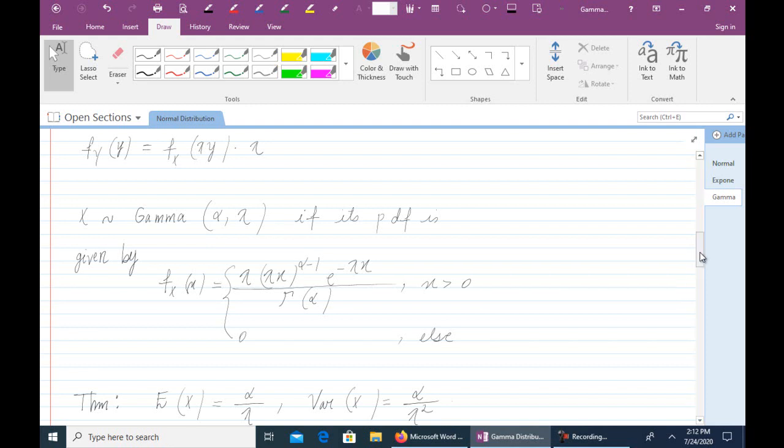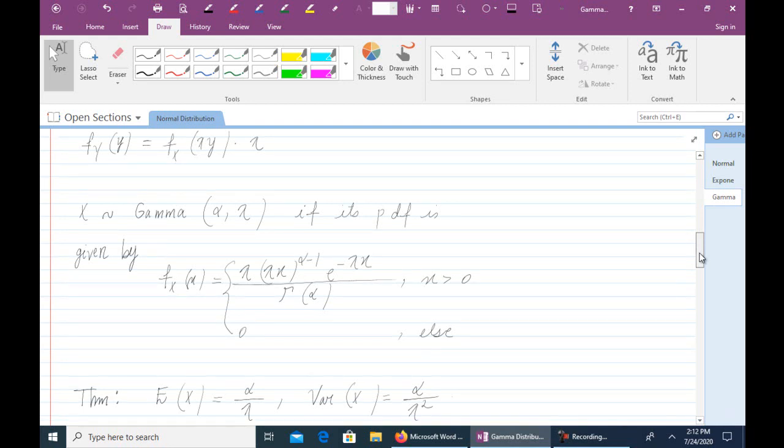So that's the PDF for the gamma distribution with the parameters alpha and lambda.